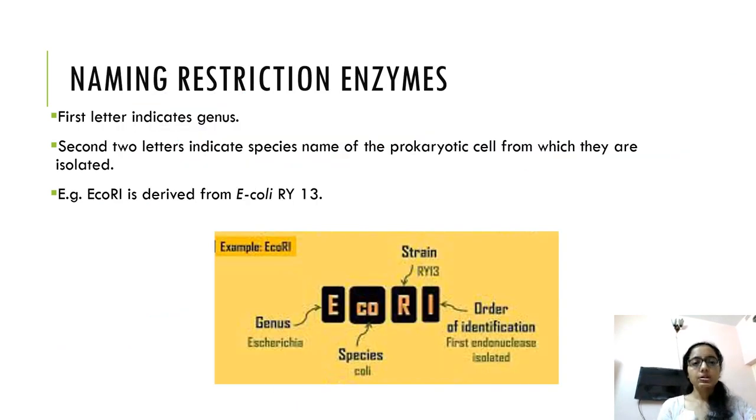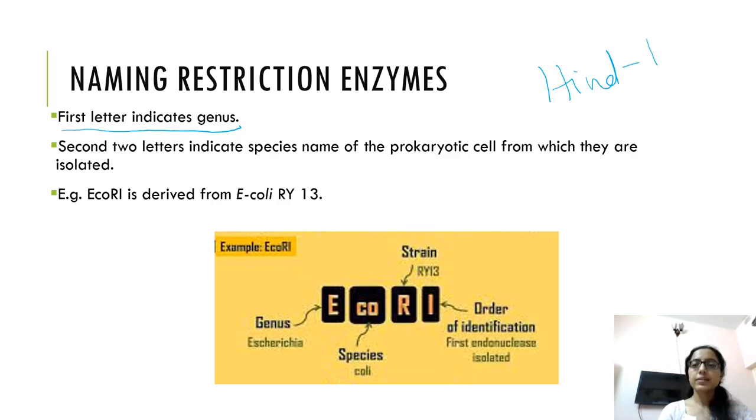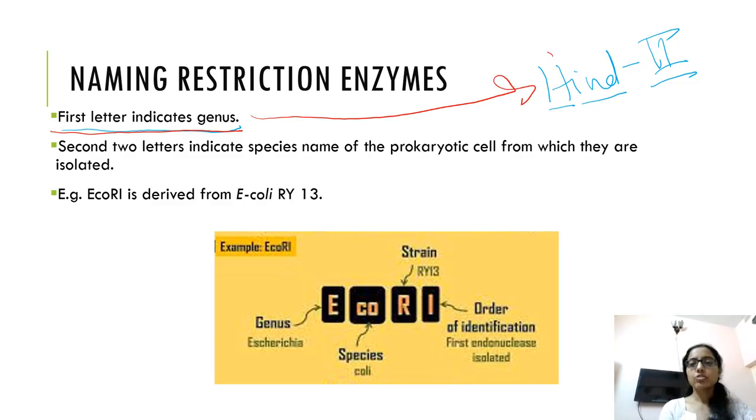Now, how are restriction enzymes named? I said HindII was the first restriction enzyme. What do the H, I, N, D and this 2 indicate? The first letter indicates the genus. H is the genus. The next two letters, I and N, indicate the species name.